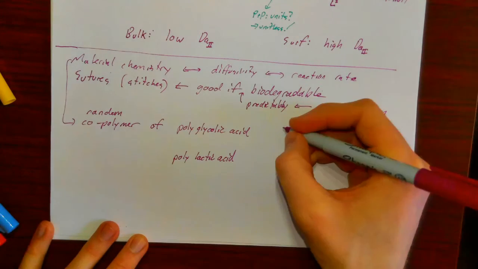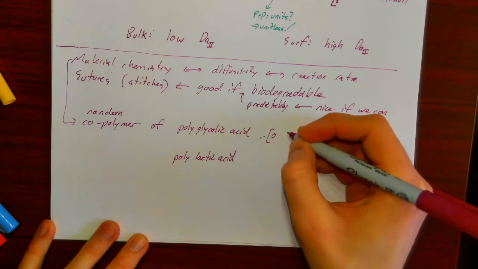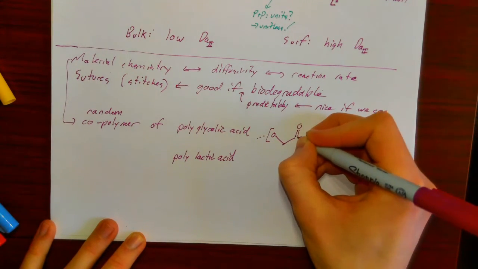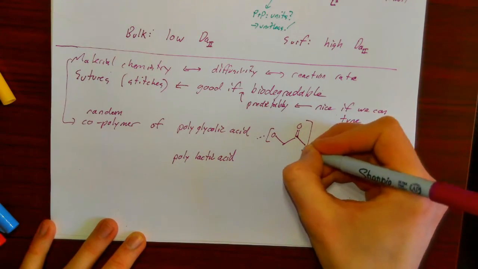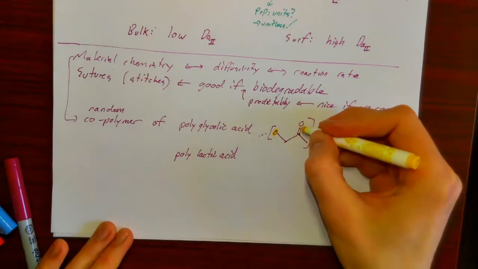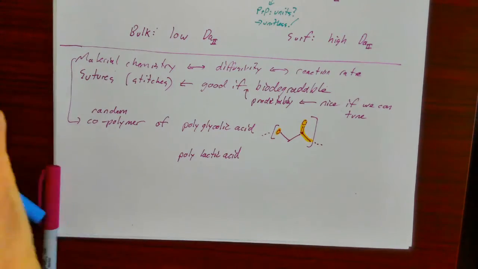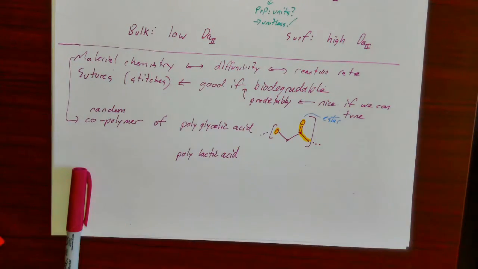What does polyglycolic acid look like? It looks like this. And if you look at the edges, this and this and this, these make up the ester bond, right? This is a polyester.